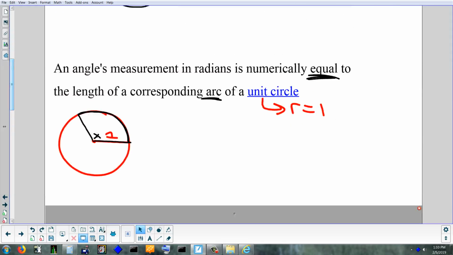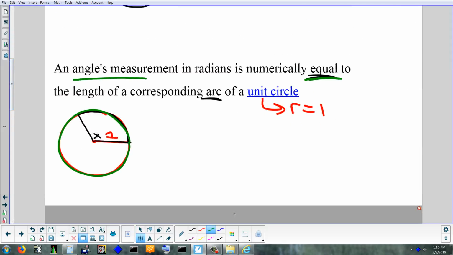So, if we can figure out the size of the arc that goes all the way around the circle, it's going to be exactly the same as the angle that goes all the way around the circle, because they match. So all we have to do is figure out the size of the arc that goes all the way around, and then we know the size of the angle that goes all the way around.